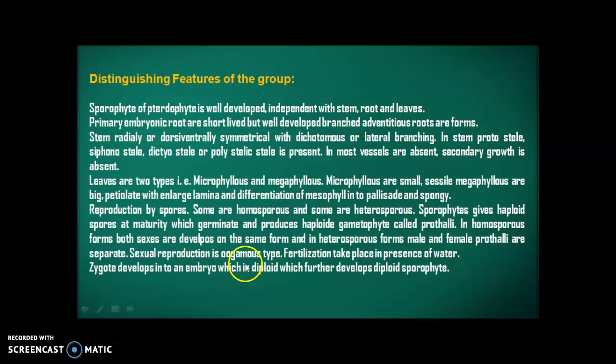Sexual reproduction is oogamous type. Fertilization takes place in presence of water. The product of fertilization is a zygote that gets converted into the embryo, which is diploid, and which further develops into a diploid sporophyte that we see in nature as a growing plant.